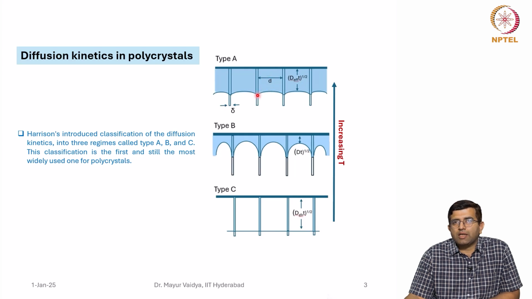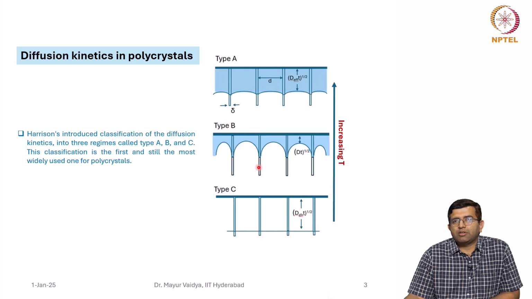Therefore, as you go towards the end of the grain boundaries, you see this kind of profile. There is a flux here from the neighboring grain boundaries. In the type A regime, you have a very constant looking kind of system. This A kinetic regime is observed at higher temperatures.